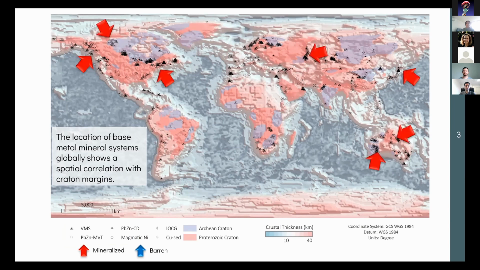As you can see with the red arrows, the location of base metal mineral systems globally shows a spatial correlation with craton margins. But what is missing is why some segments don't show the same correlation, like the sub-locations I show with the blue arrow.